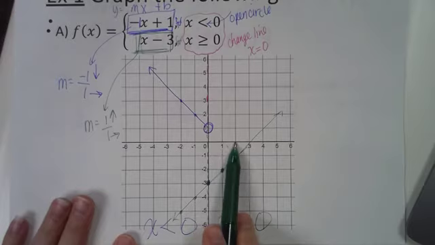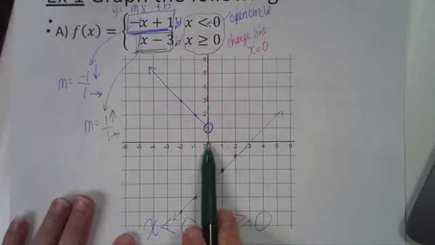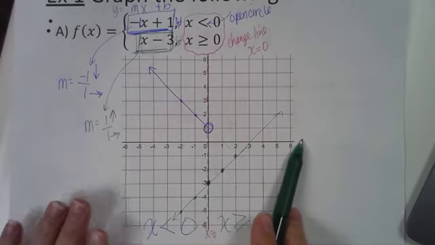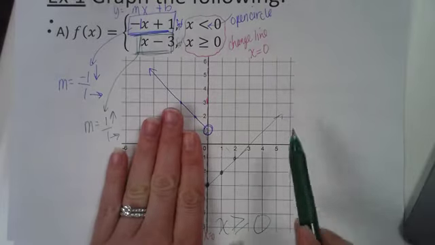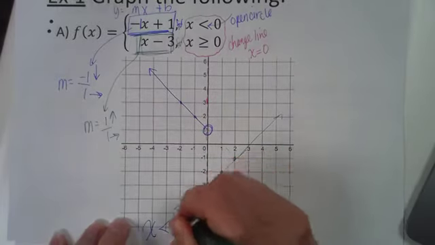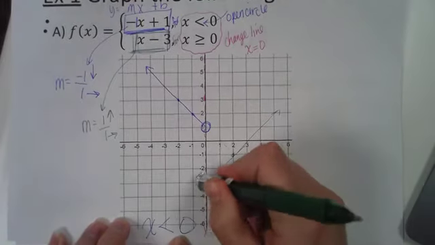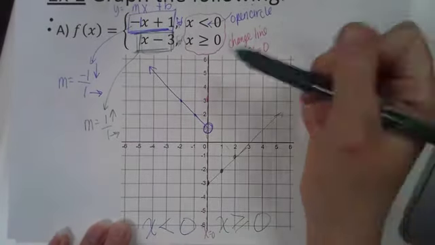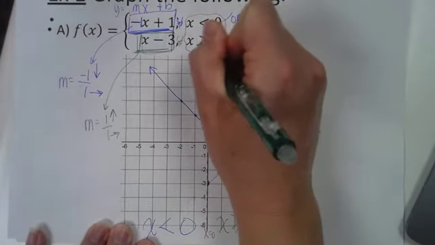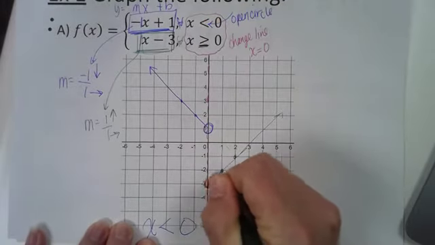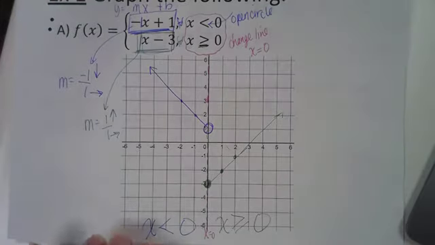That would be like 1 and 2 and 3 and 4, everything to the right of 0. That's what we want to keep. So we're going to keep that right-hand side, and I'm going to ignore and erase the left. At 0, we have an equal to bar. So we want a nice solid dot right there. That point's included, but the open circle is not included.